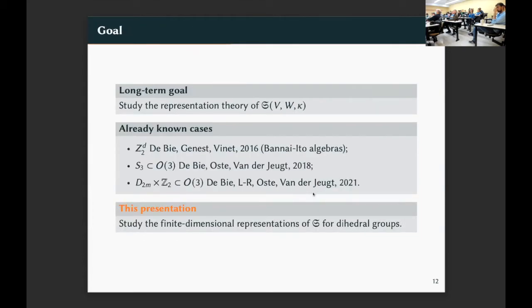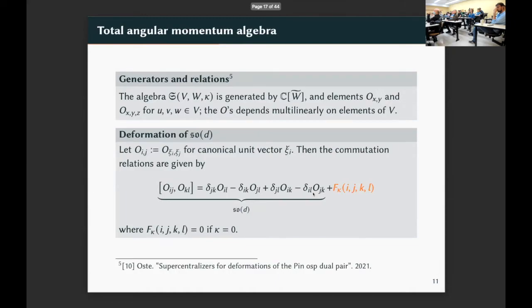This is what I wanted to say about this algebra. Now, what is our goal is those with 3 indices, X, Y, Z. They also have relations that are bigger, but I don't know if they deform something else. We know the relations.